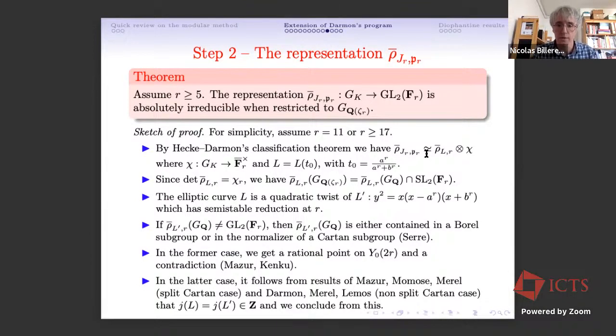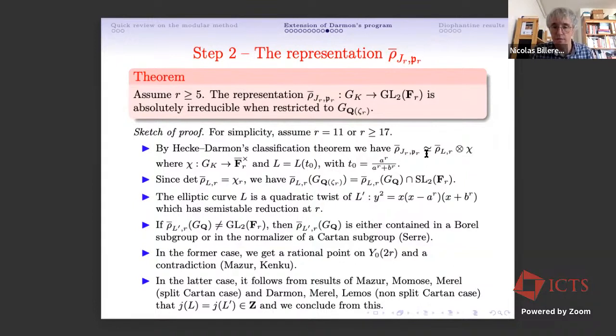And in the latter case, when the image is contained in the normalizer of a Cartan subgroup, this Cartan subgroup can be either split or non-split. In the split case, from results by Mazur, Momose, and Merel, we know that the j-invariant of L', and hence the j-invariant of L, has to be an integer.